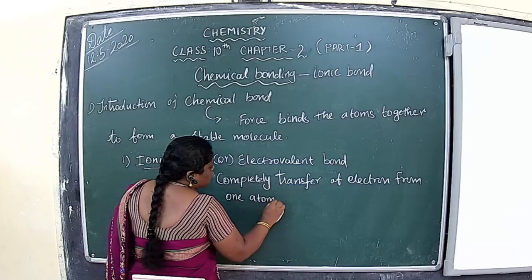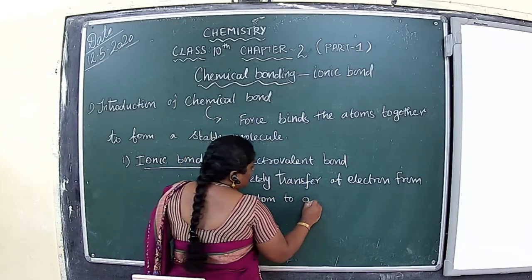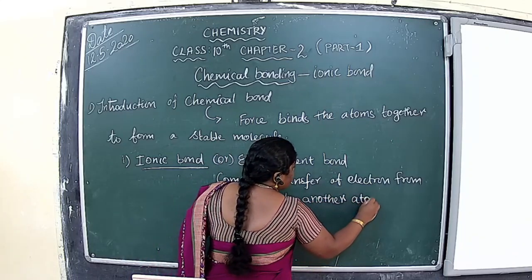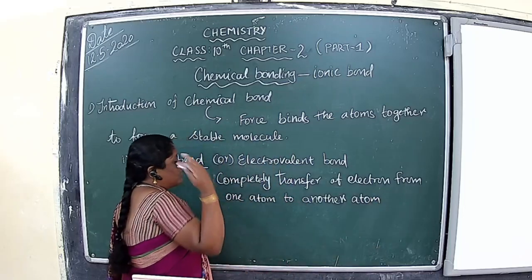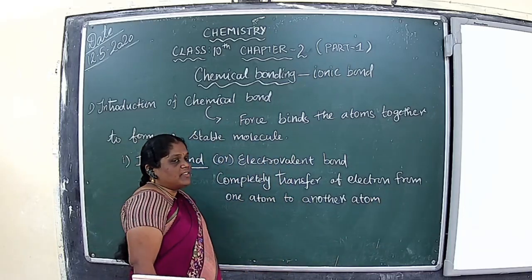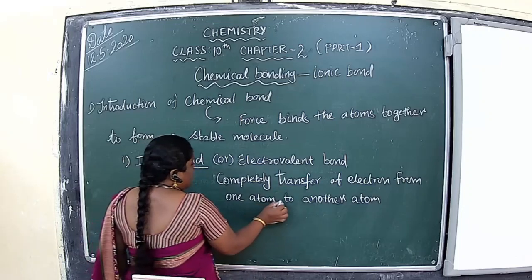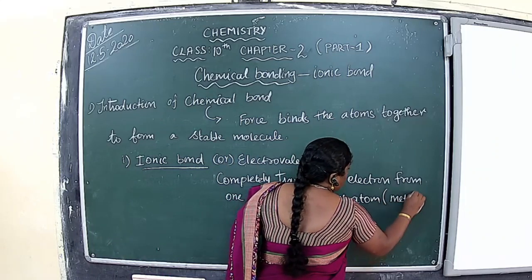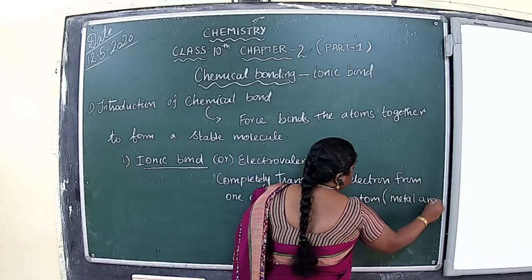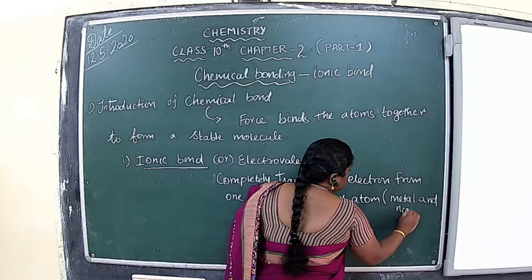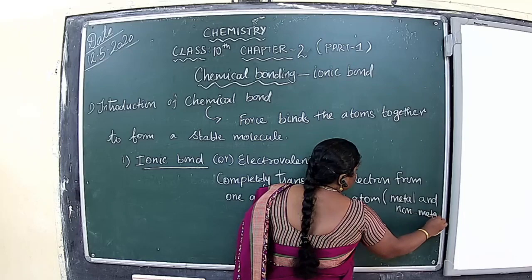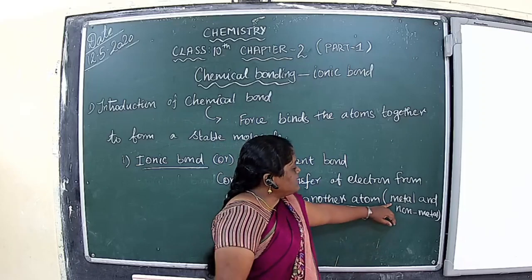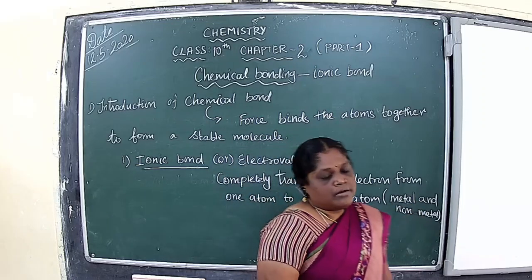How can the electrons be completely transferred from one atom to another atom? The atoms may be a metal and a non-metal. Between metal and non-metal, the transfer of the electrons takes place.